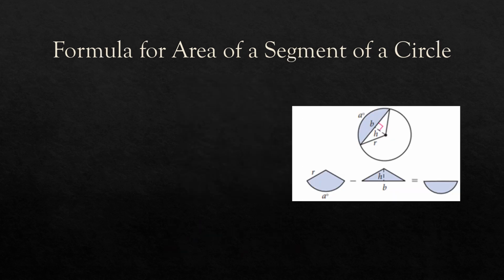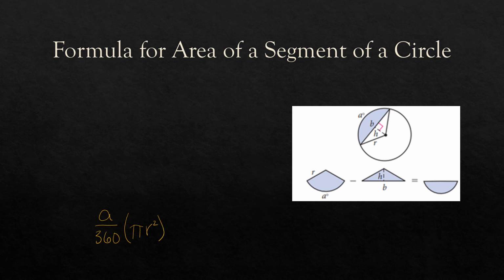What about the formula for the area of a segment of a circle? This one at first seems very difficult, but if we look at it as a sector minus this triangle up there, then that will give us the segment part. We just did the area of a sector. It's the fraction of the arc measure over 360 times the area of the entire circle.